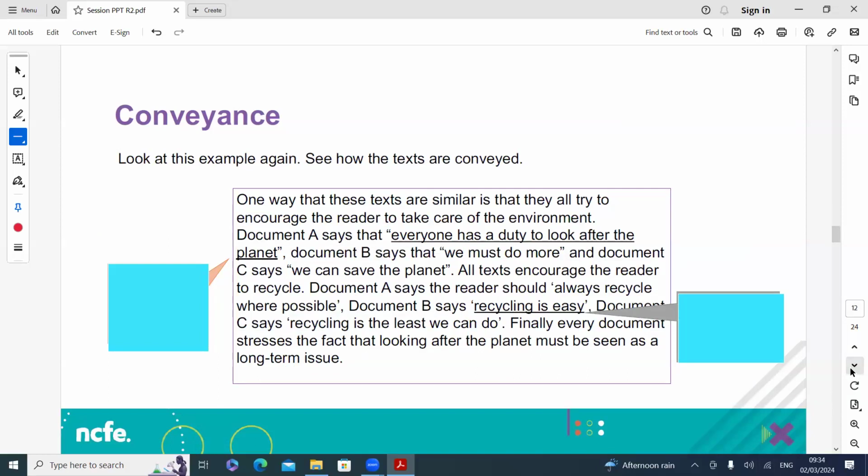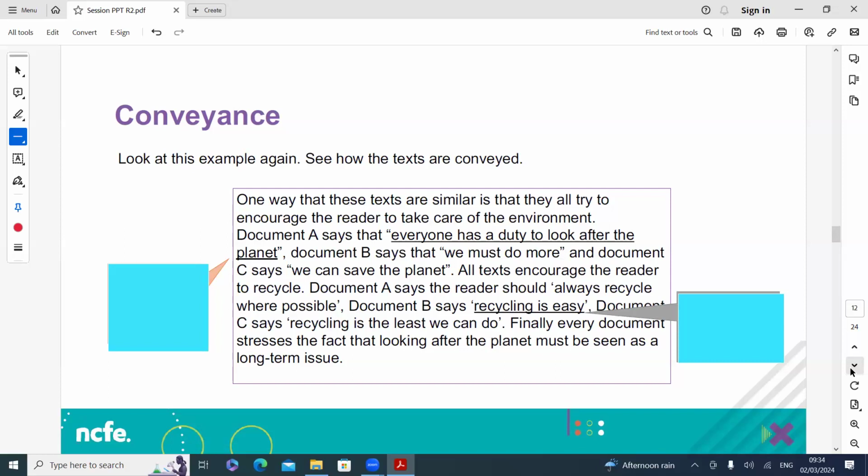So look at this example again to see how the texts are conveyed. One way these texts are similar is that they all try to encourage the reader to take care of the environment. Document A says that everyone has a duty to look after the planet. Document B says that we must do more.